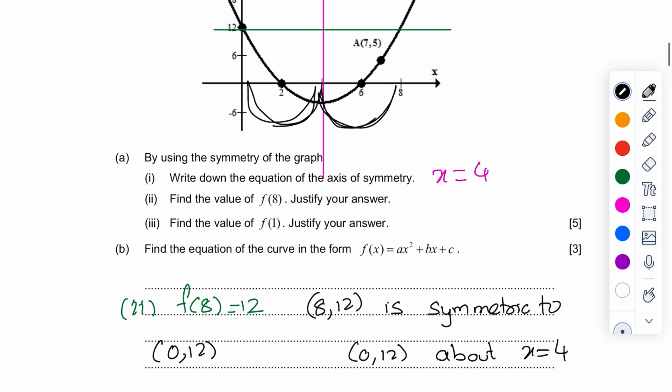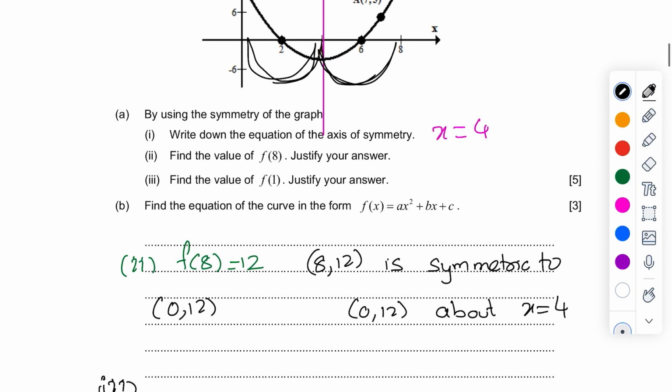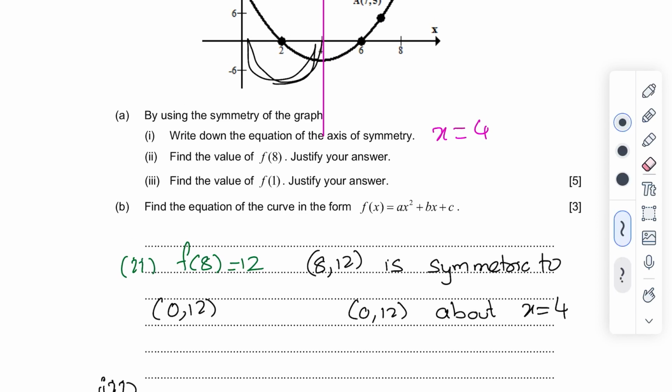f of 1, justify your answer. He is asking f of 1. Now for f of 1, I can take 1 to 4.